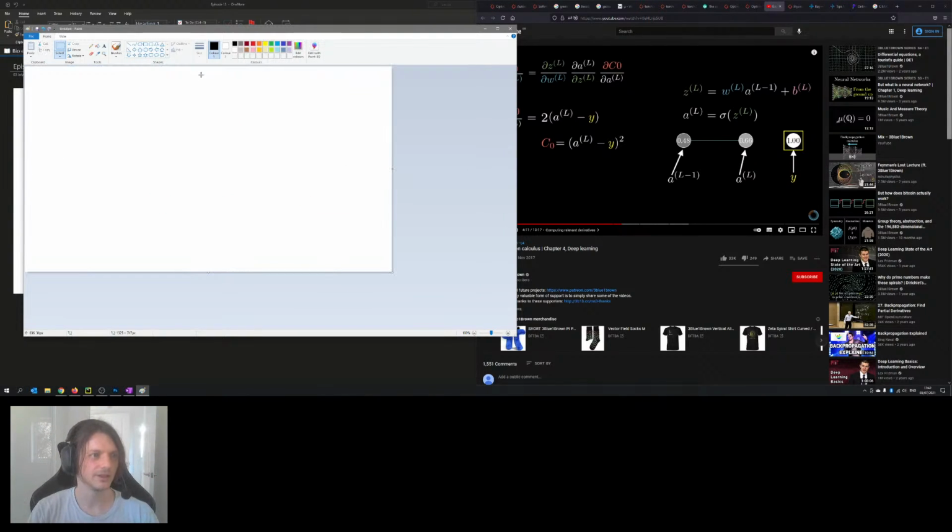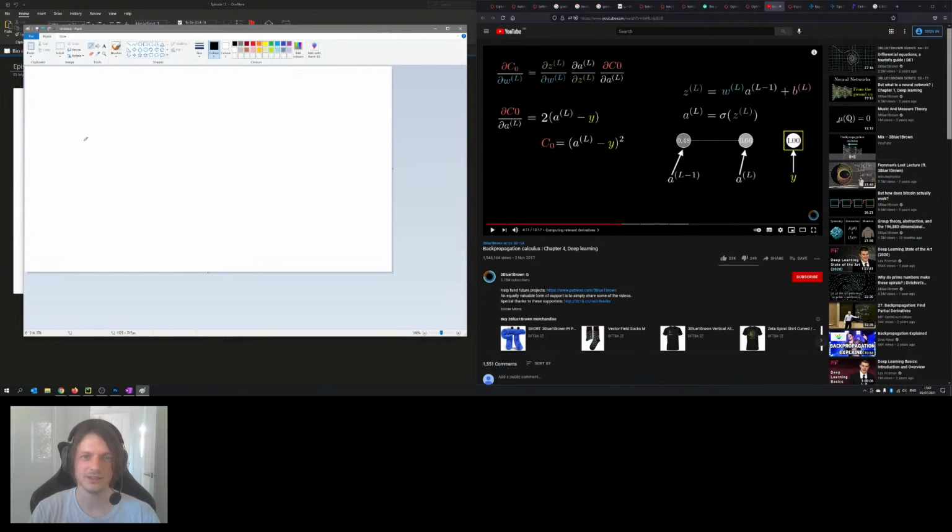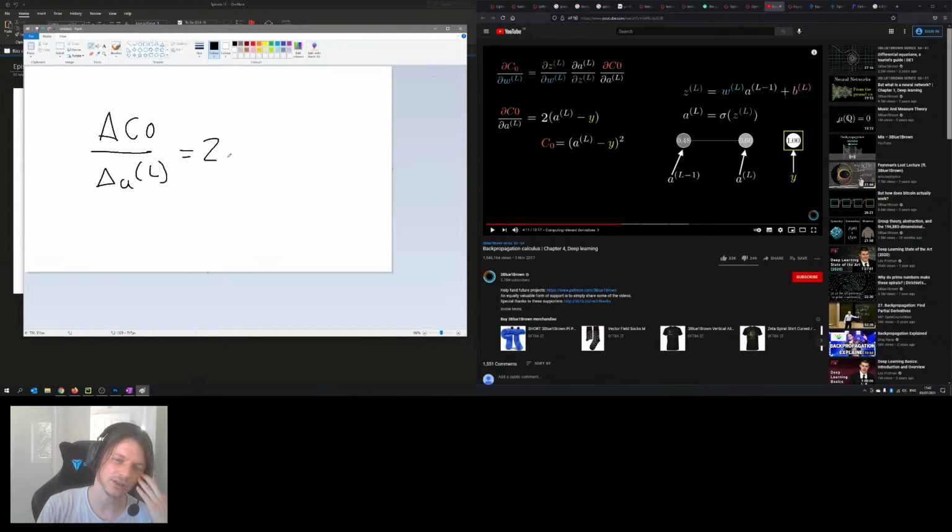Yikes. Let's try this. Let me just write it myself. Sometimes I write it and it kind of makes some sense to me. So the change in C sub 0 over the change in a of L, which is this indices, right? So this current layer, the change in this current layer, and the little tweak in the last cost is equal to 2 times the activations.